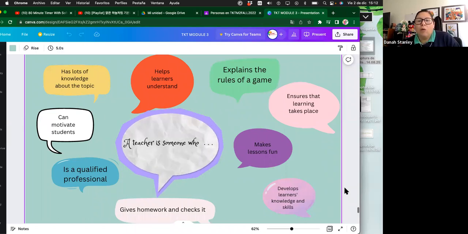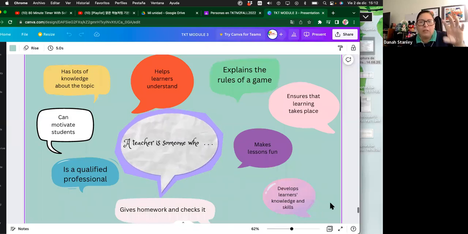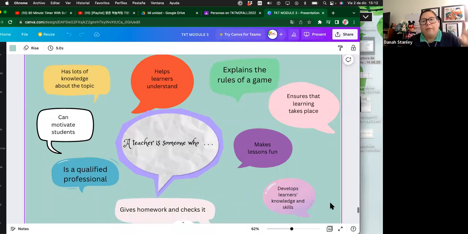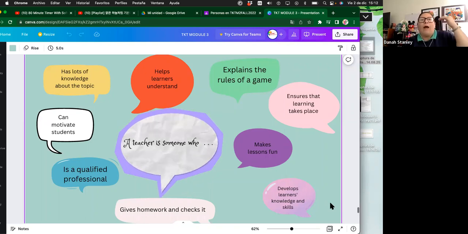The teacher is the one who develops knowledge and skills of learners. We know exactly what the students need, talking about the skills and what they need to know in order to go to the following level and be proficient.